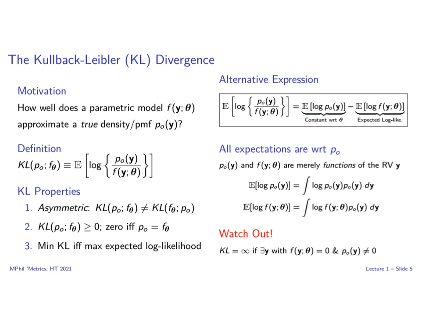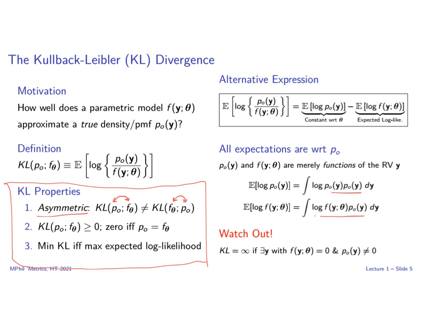The Kullback-Leibler divergence has a number of important properties, and here are the three most important ones. First, it is asymmetric. If you switch the order of p naught and f theta in this KL, you're not going to get the same thing. And that should be pretty clear if we take a look at the integrals on the right-hand side of the slide.